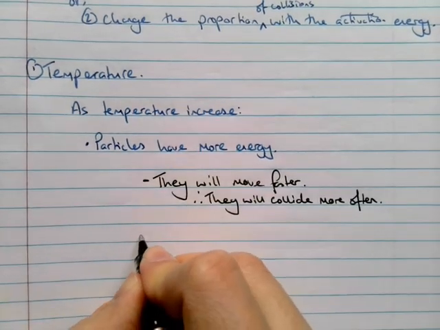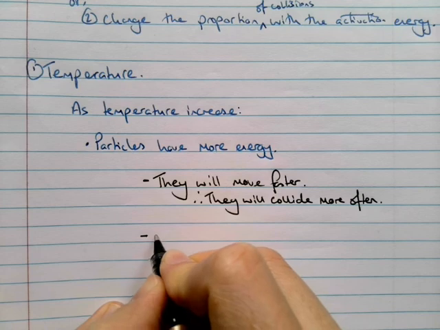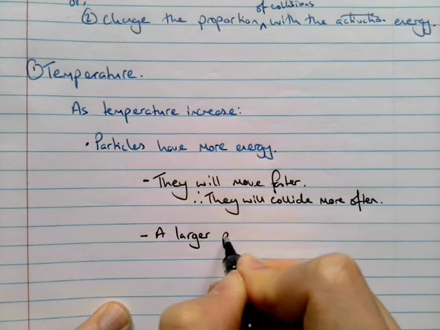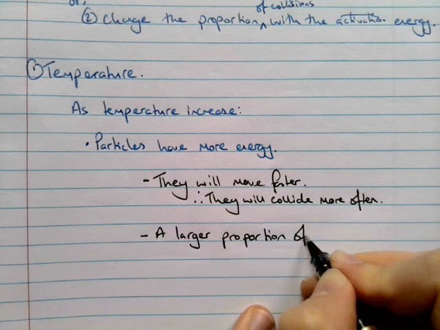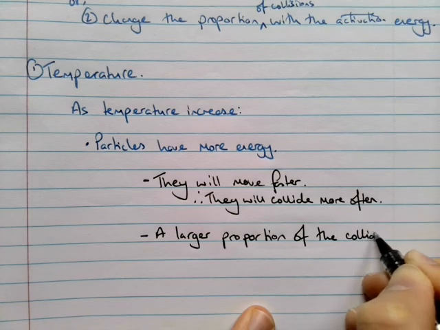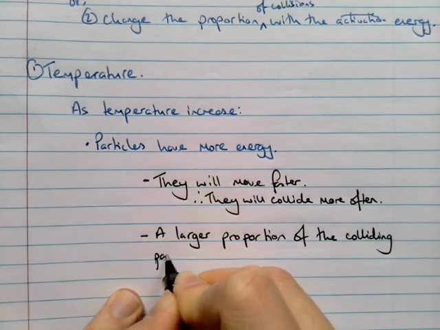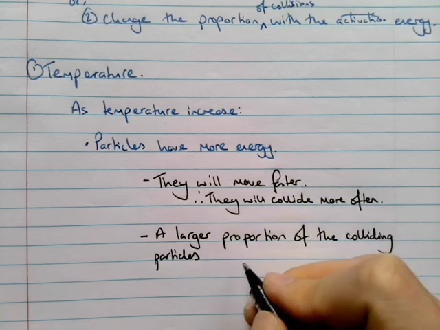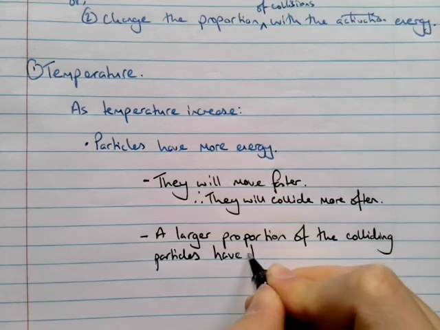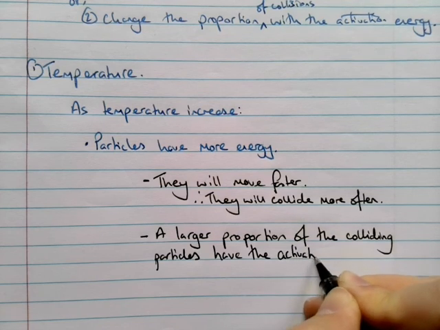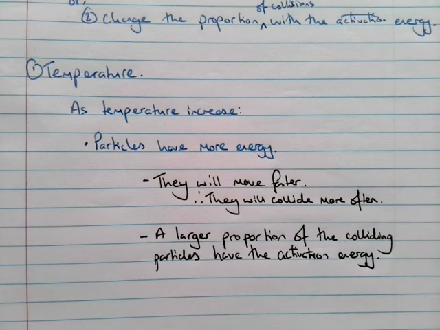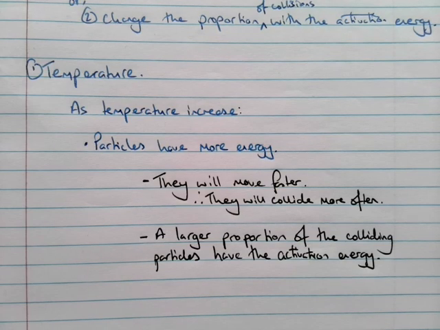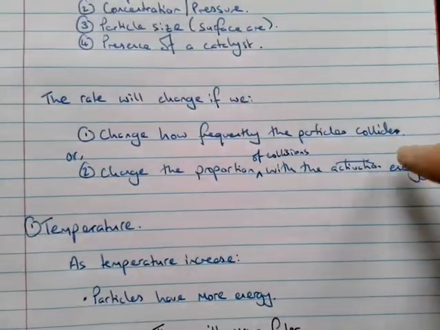So we can say here that a larger proportion of the colliding particles have the activation energy. And that then is also going to increase the rate. So we've hit on the first one, on temperature, we've actually managed to change both of these.